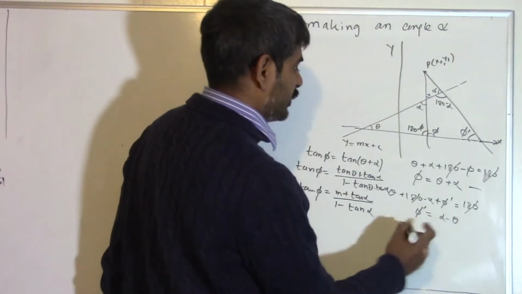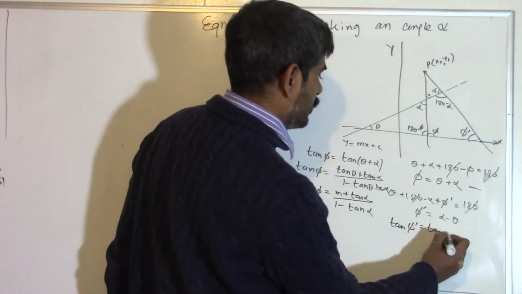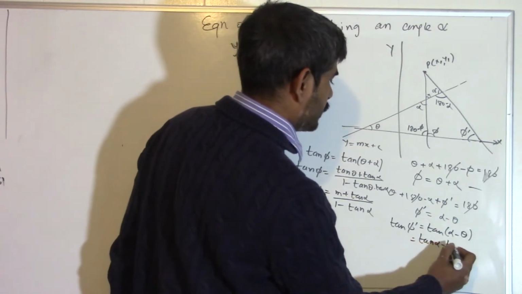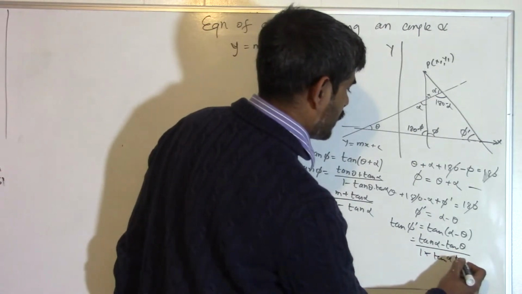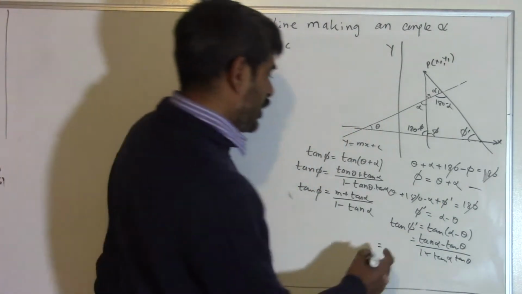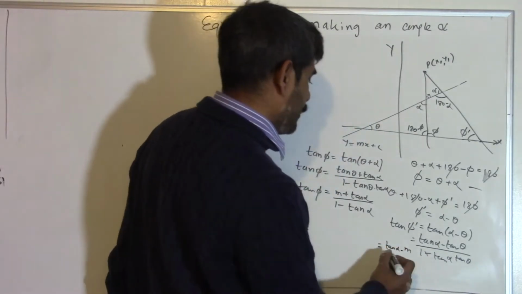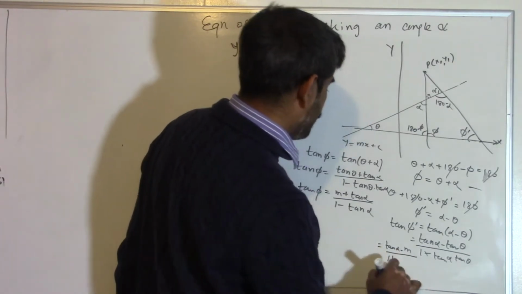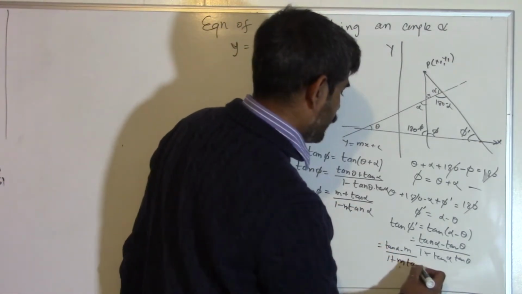In the same way, we can take the tangent of this angle. Tan phi dash is equal to tan of alpha minus theta, which is tan alpha minus tan theta divided by 1 plus tan alpha tan theta, and tan theta is equal to m. So we have tan alpha minus m divided by 1 plus m tan alpha.